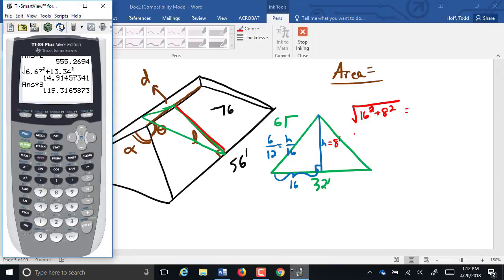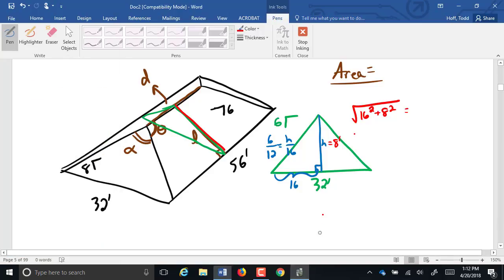Perfect. What does that give us? 17.89, right? 17.89 feet. So I'm going to draw that over here. That's 17.89 feet.